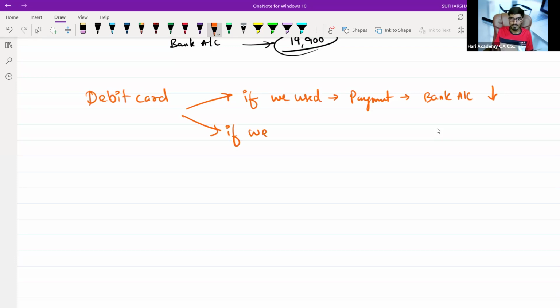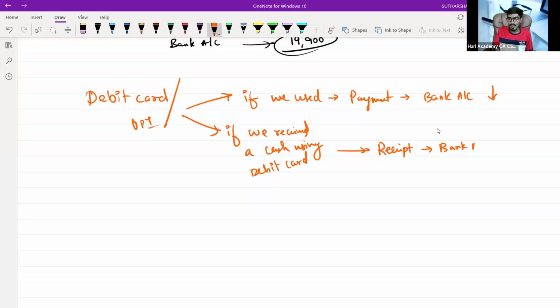If we receive cash using a debit card, or instead of debit card I can also use the term UPI, it is like a receipt. Our bank account gets increased, where we are having that account.